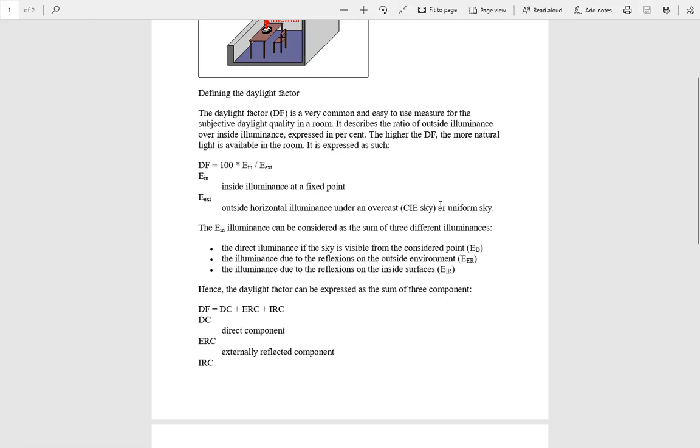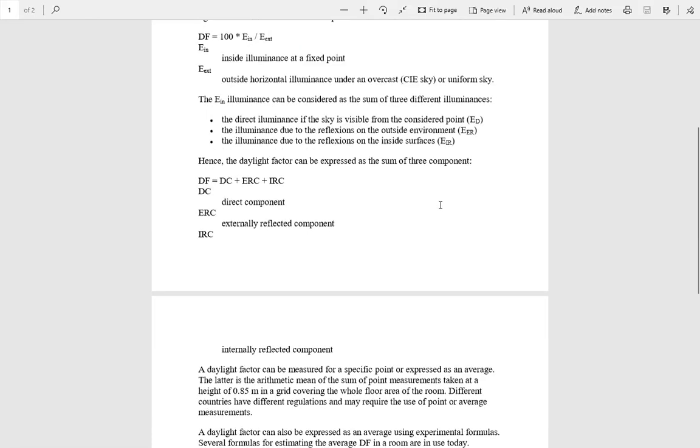Hence, the daylight factor can be expressed as the sum of three components. DF equals DC plus ERC plus IRC. DC is the direct component, ERC is the externally reflected component, and IRC is the internally reflected component.